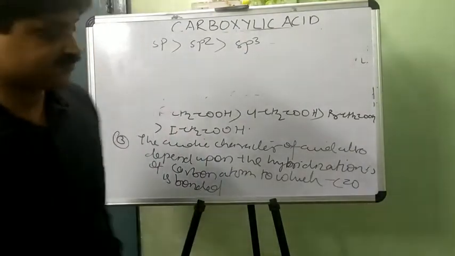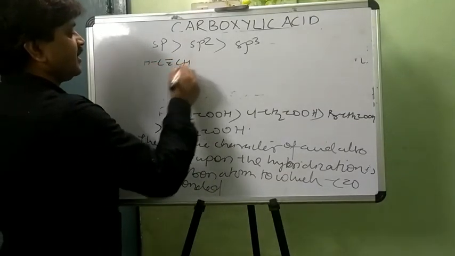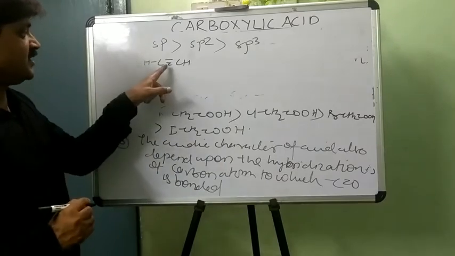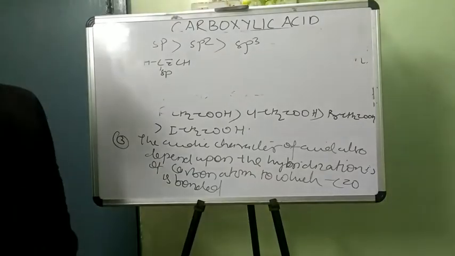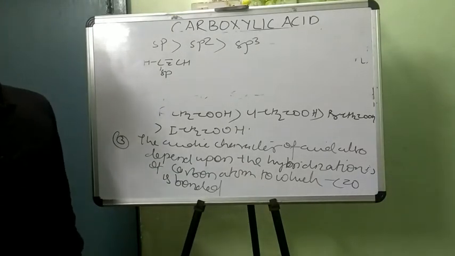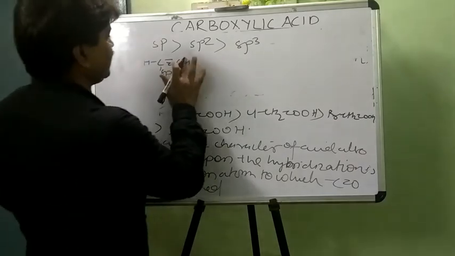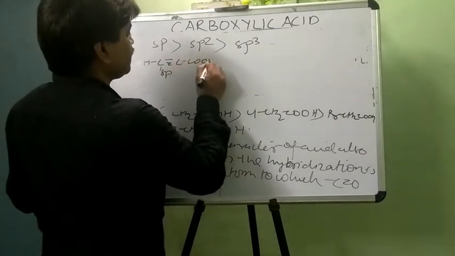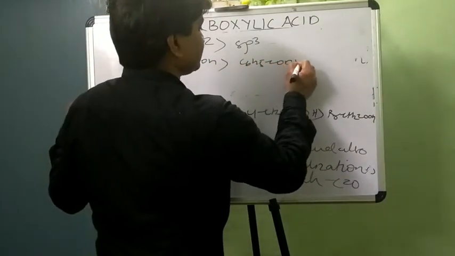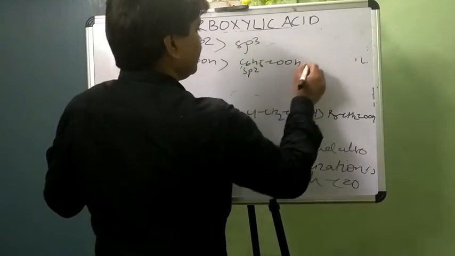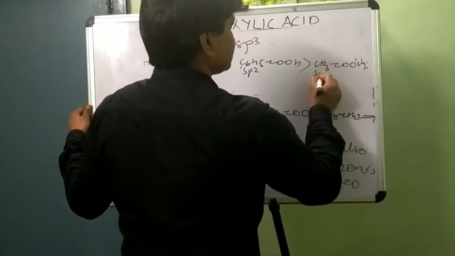Just like here, the alkyne HC triple bond C, this carbon is sp hybridized. It has more acidic character compared to benzoic acid. You can write HC≡C-COOH is greater than C6H5COOH, where the carbon is sp2 hybridized, which is greater than CH3COOH, where the carbon is sp3 hybridized.